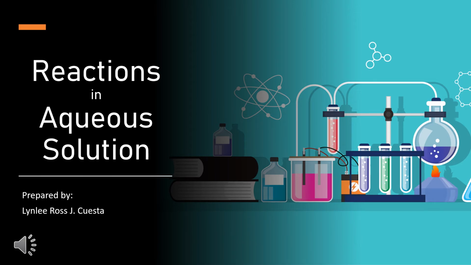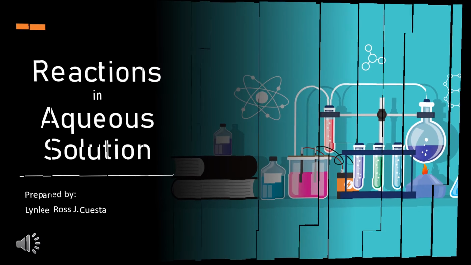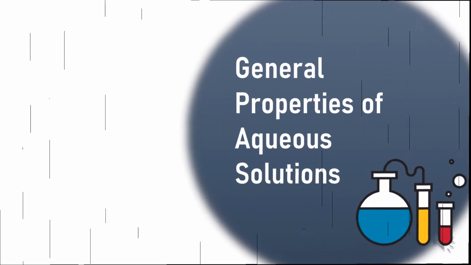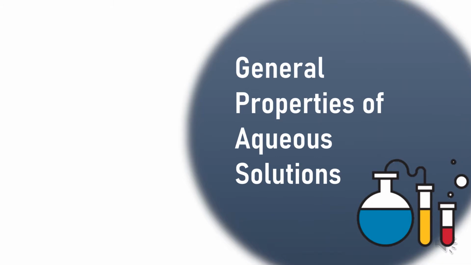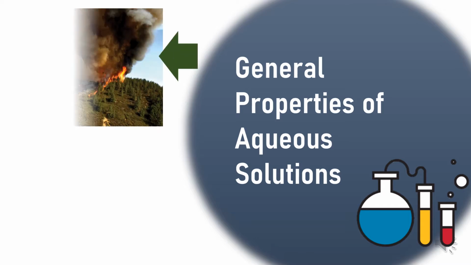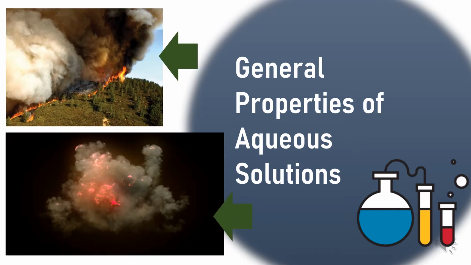Okay, so our chapter is all about chemical reactions. Chemical reactions are the heart of chemistry. Some reactions, such as those accompanying a forest fire or the explosion of dynamite, are quite eventful.